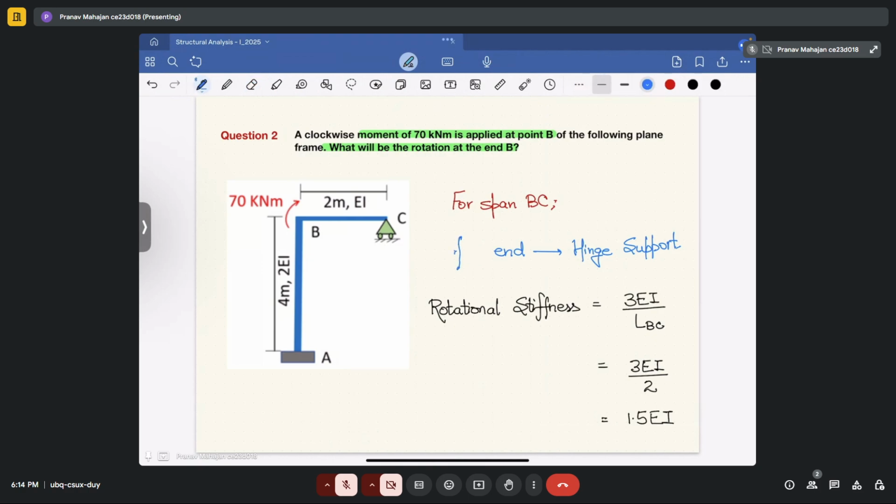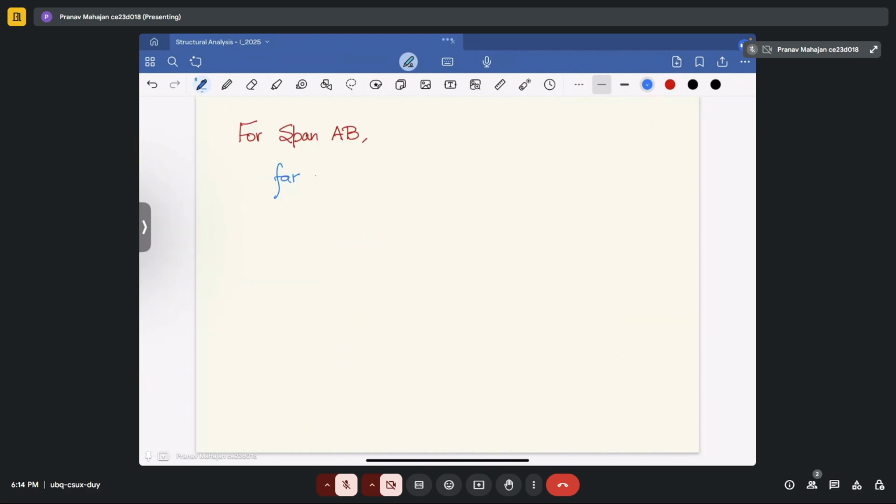So this is your far end, and the far end has a hinge support. When you have a pin support at the far end, your rotational stiffness is defined as 4EI by L.